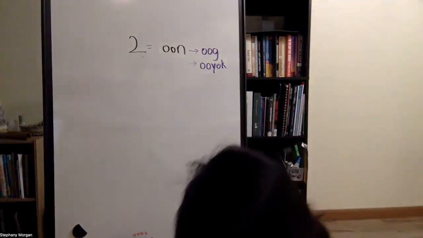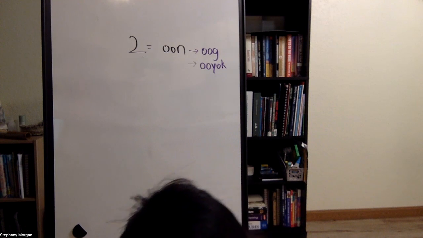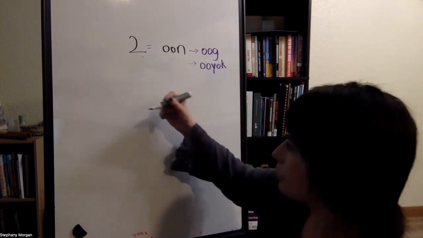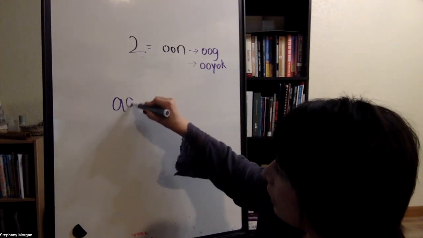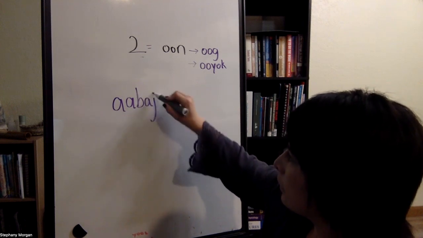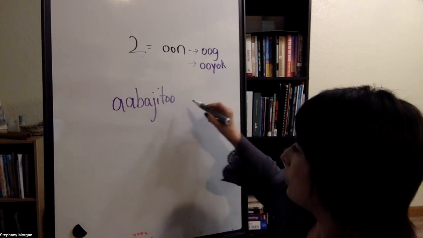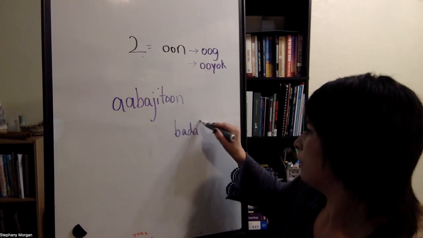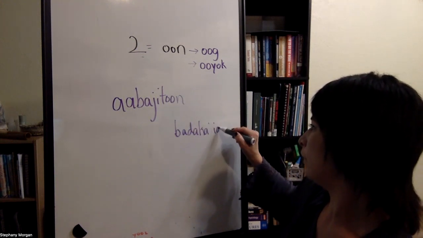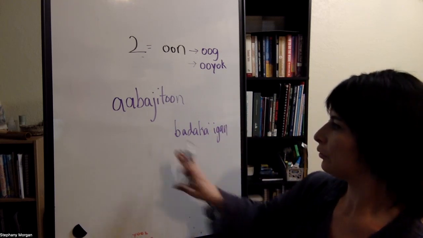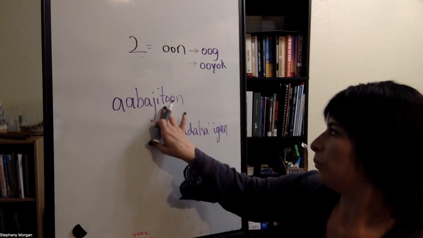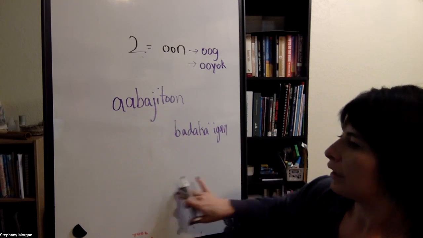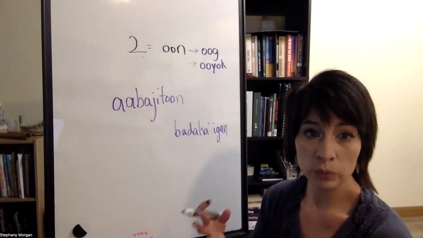Let's see. We have the verb abajatun. Abajatun. Let's say, use your fork. Use the fork. That's one person. But now we want to tell everyone to use forks.